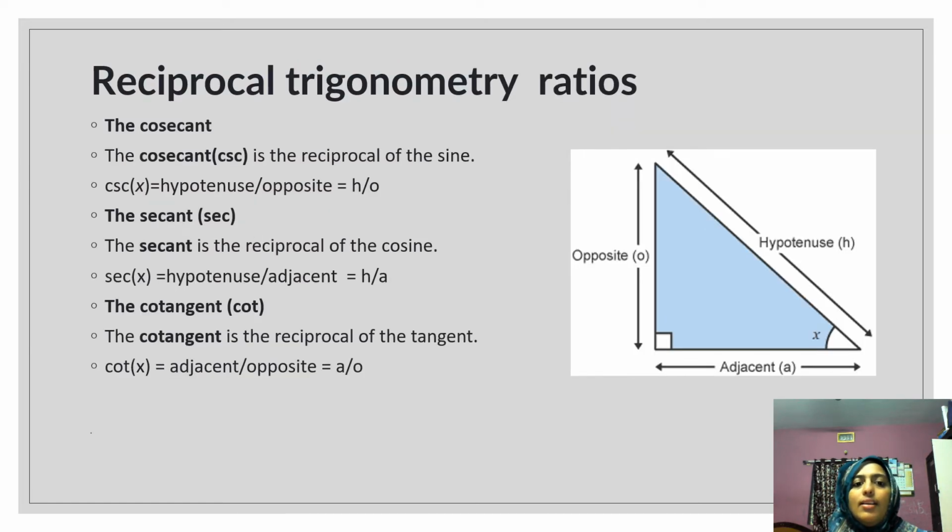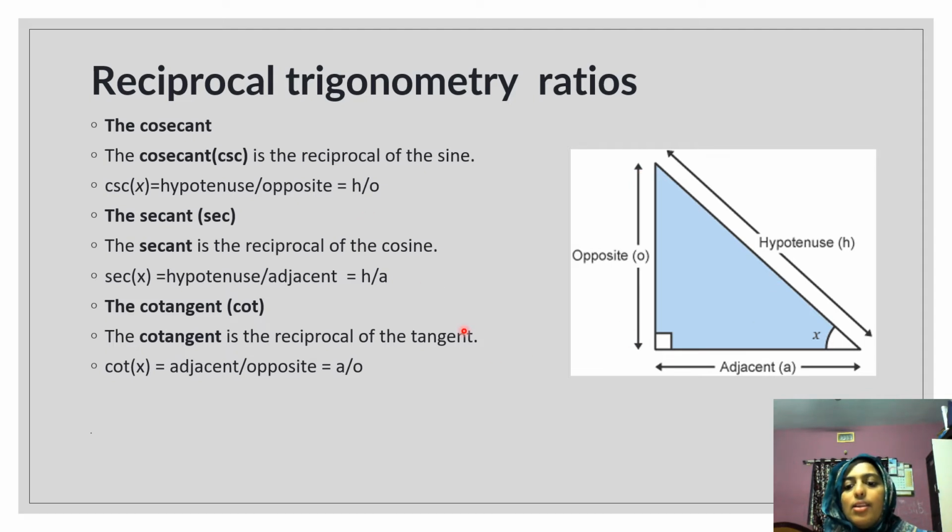Now we'll see the other three trigonometric ratios, which are the reciprocal trigonometric ratios. So cosecant is the reciprocal of sine. Sine is opposite by hypotenuse, so cosecant is hypotenuse by opposite, so we have h by o.